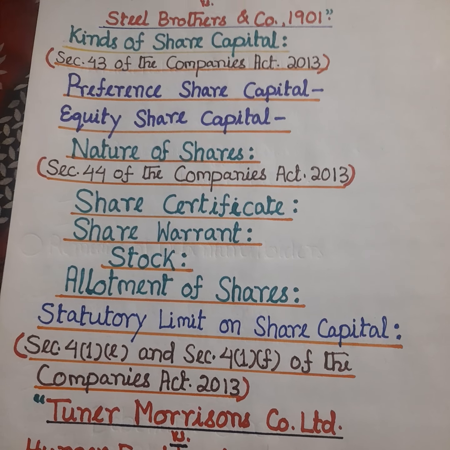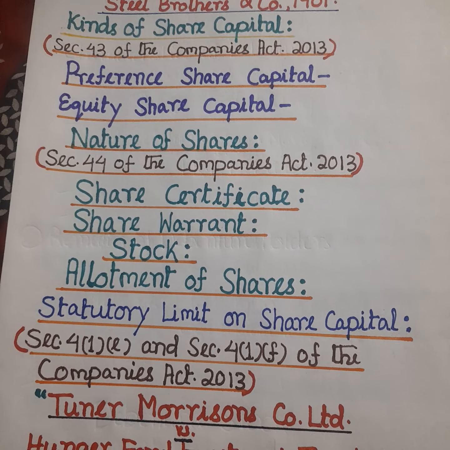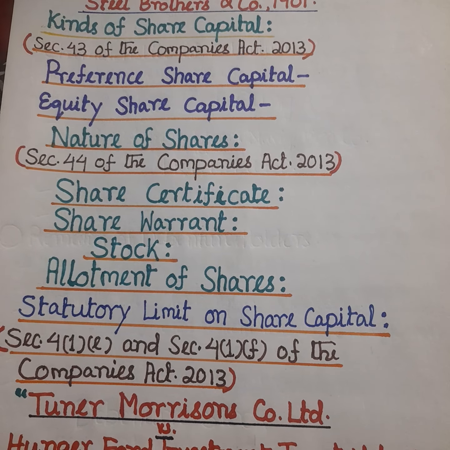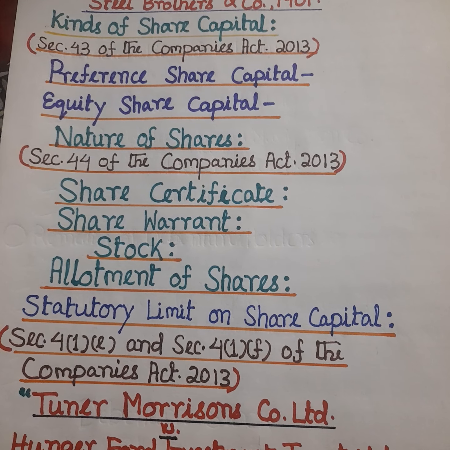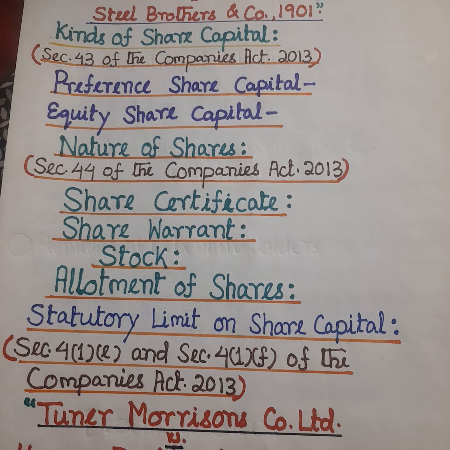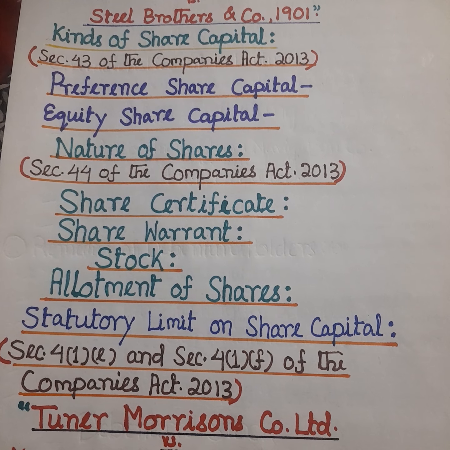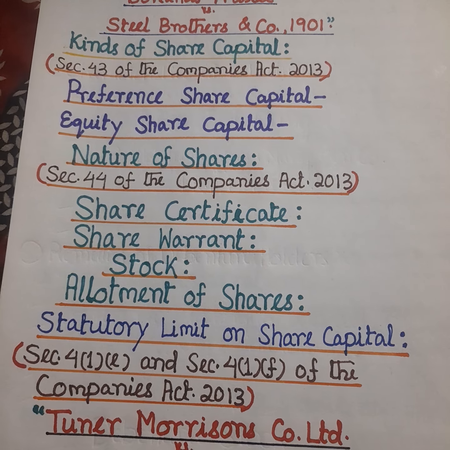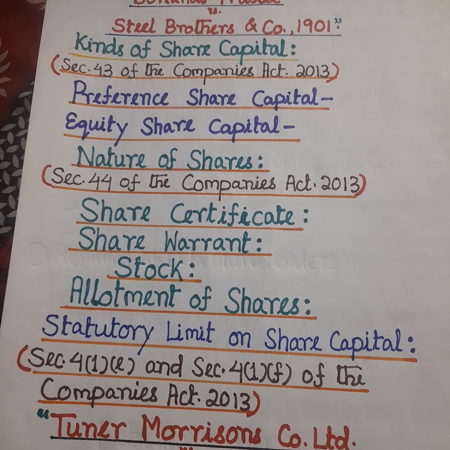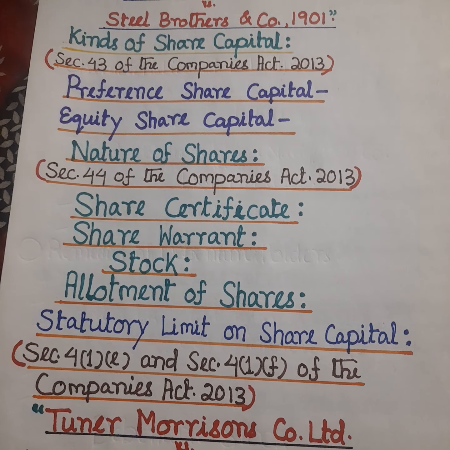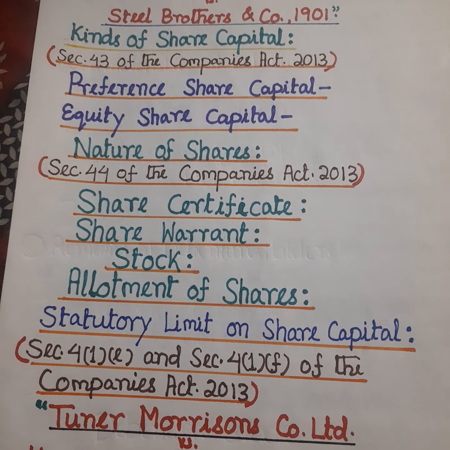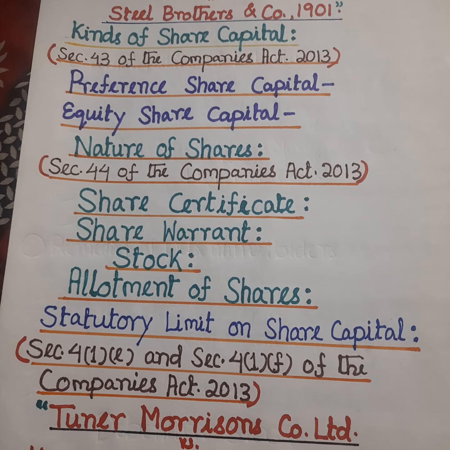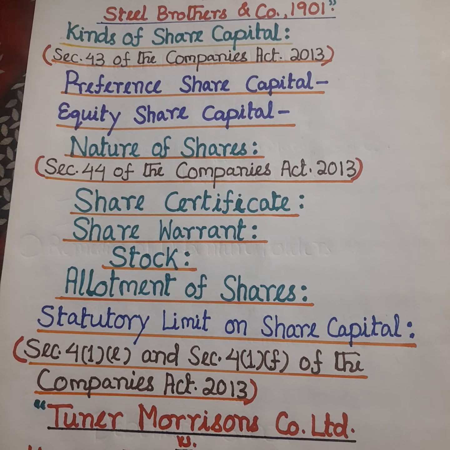And now we'll discuss the allotment of shares. As provided under the Companies Act 2013, allotment is the acceptance by the company of the offer made by a person to become a shareholder of the company.